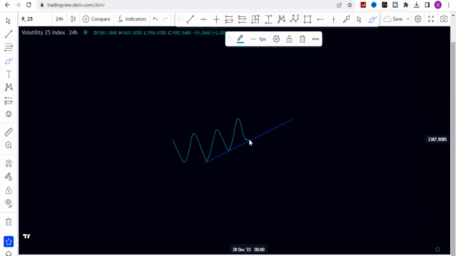If you get to this place, it will now bounce back up. Once you spot this bouncing on this zone here, because already it has created a lower high here, lower low, then the next descending should be on the same trend line. It's as simple as that.